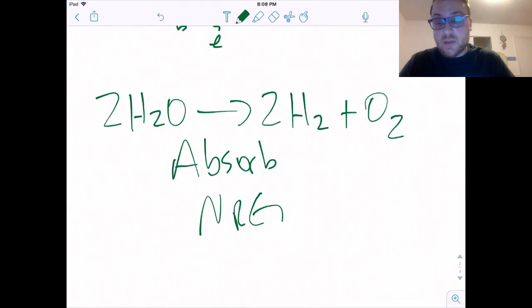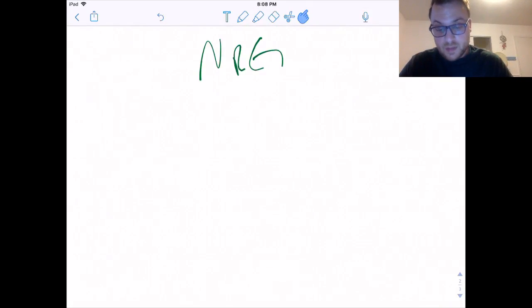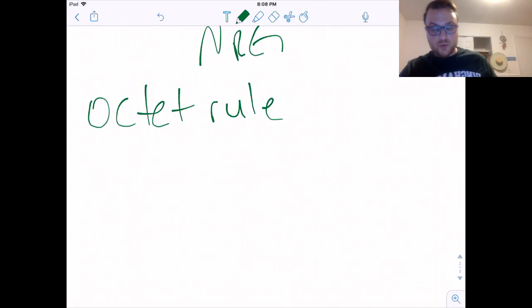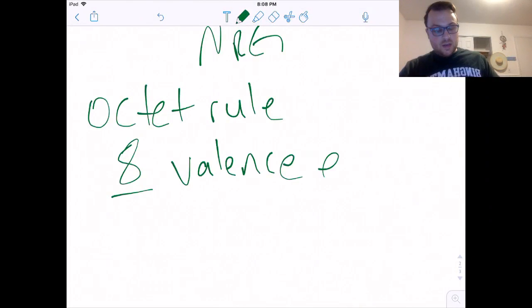But I'm really going to end up focusing on bonding. And the key with bonding is anytime these bonds form, we want to obey the octet rule, which means every atom wants 8 valence electrons.